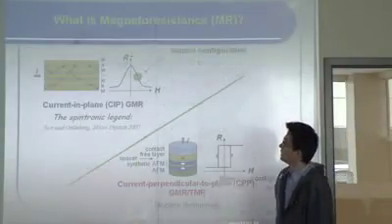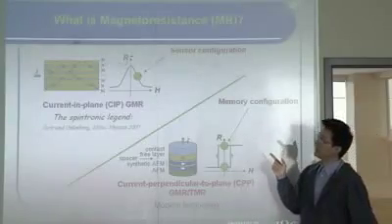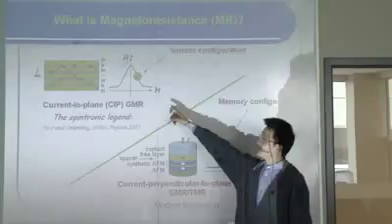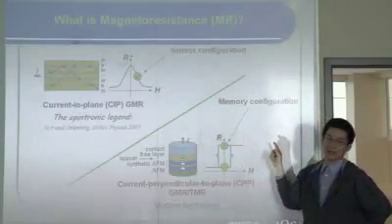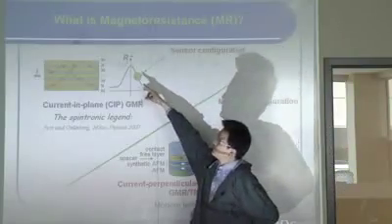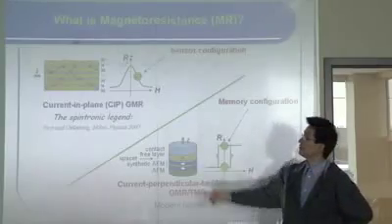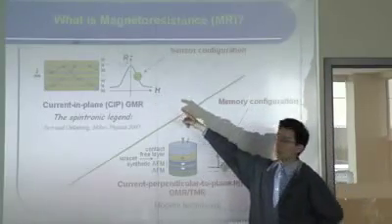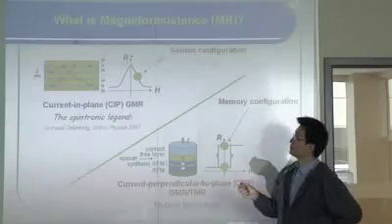One important thing I'd like to point out here is that a magnetoresistance device can be configured into a magnetic sensor or into a magnetic memory configuration. In the former configuration, you can see the resistance of the system varies almost linearly as a function of the magnetic field. So this is a very sensitive magnetic sensor, although not as good as a SQUID.